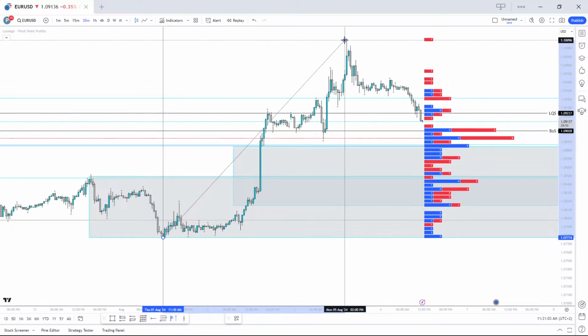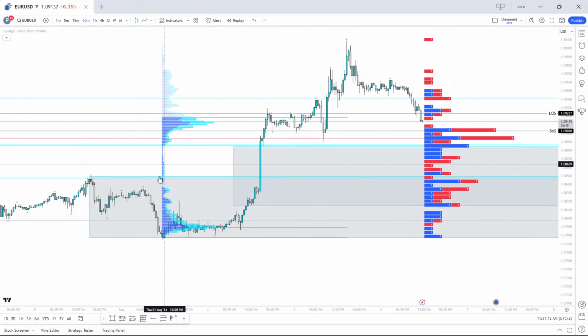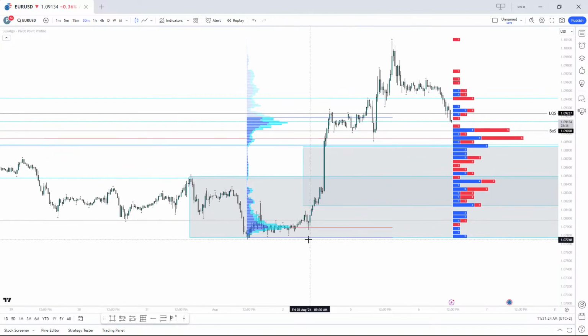I'm actually very interested in what it will show us. So we get this point of control, okay. Yeah, imbalance. There's a point of control on the bottom of the swing. There must also be a high pivot counter.